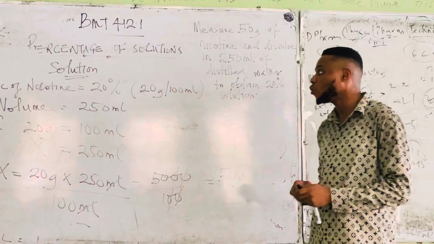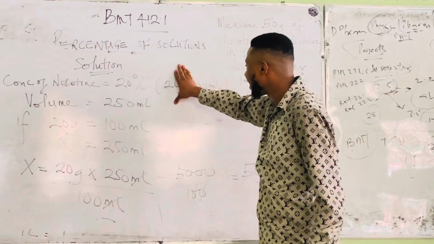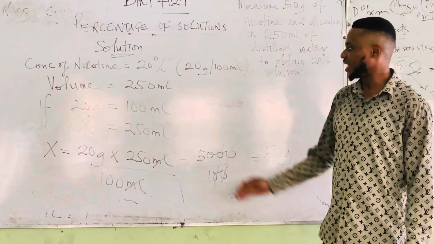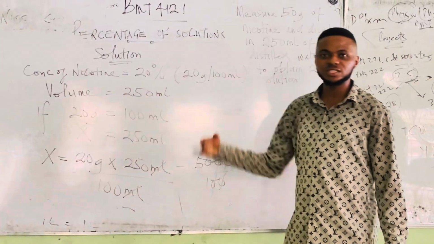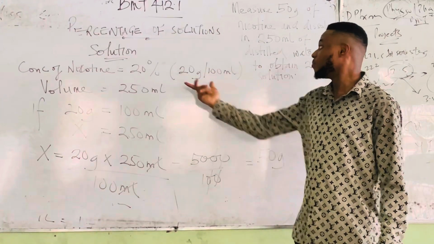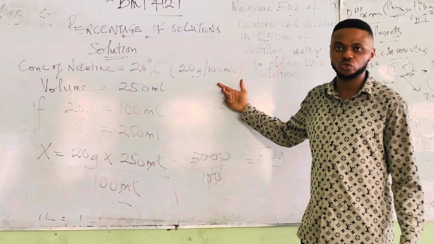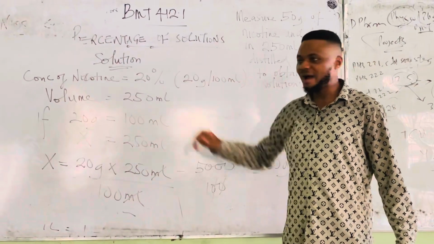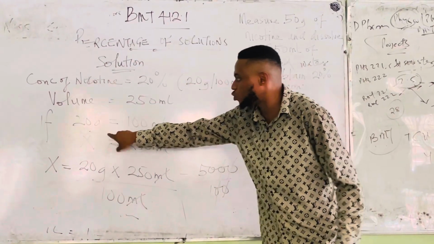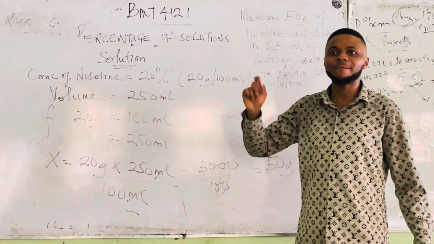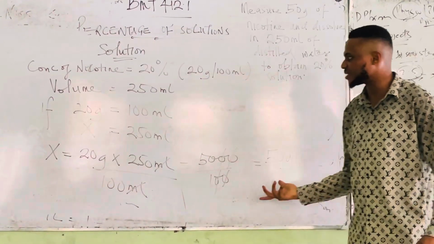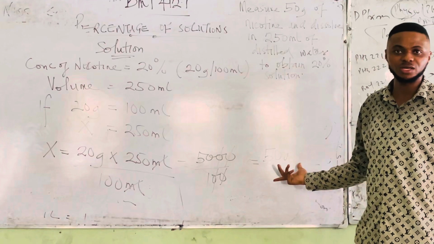That's the idea of percentage of solution. First of all, know the particular concentration that is in that percentage. Then know the volume of distilled water or any solvent that you will need to prepare that solution. When you have known that, know the actual weight of the solid that you need to dissolve, which we found to be 50 grams.